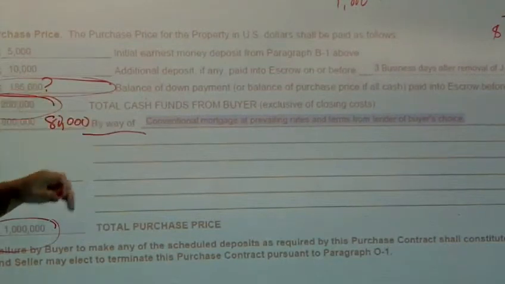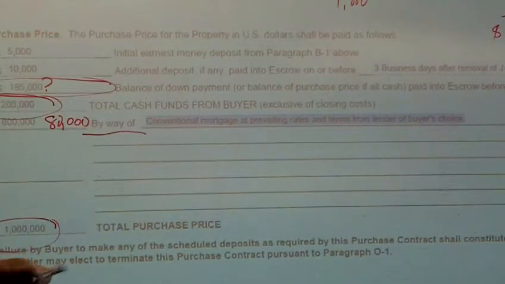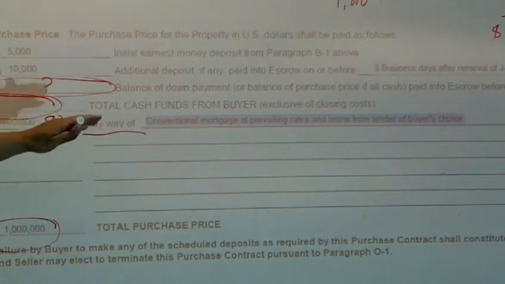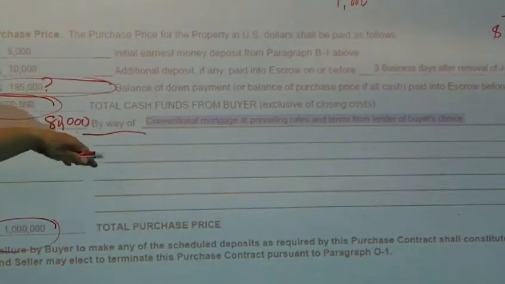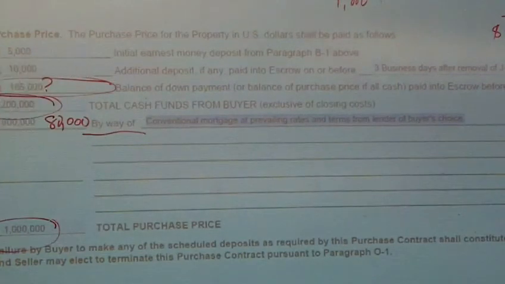And then by way of, if it's a conventional mortgage, you're going to put conventional mortgage. If it's FHA, you need to put FHA, VA, Fannie Mae, whatever it is. If there's special financing like FHA, VA, Fannie Mae, or USDA, you need to disclose that.